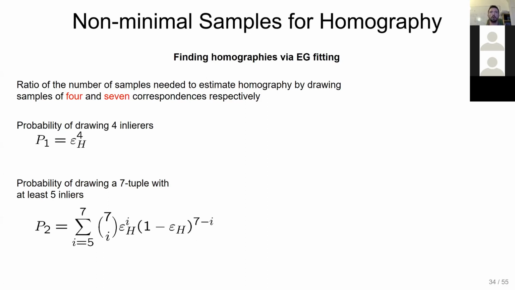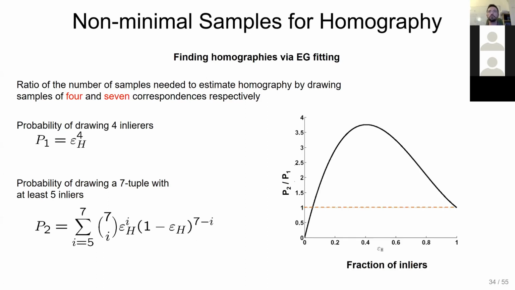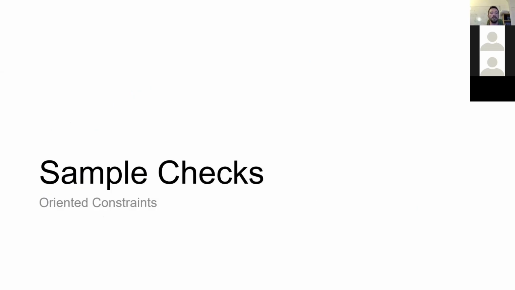And if we plot the ratio of those 2 probabilities, you can see that for almost all inlier ratios over something like 7.2%, it is actually faster to try to estimate epipolar geometry and then detect the degenerate configuration as a plane rather than sampling 4 points. When you have something like 40% of inliers, it's more than 3.5 times faster. So that was degenerate configurations.